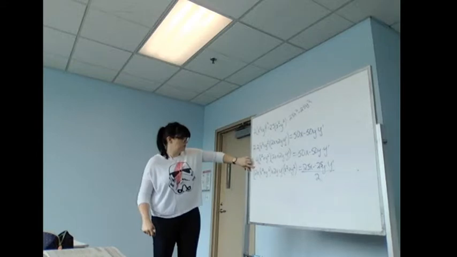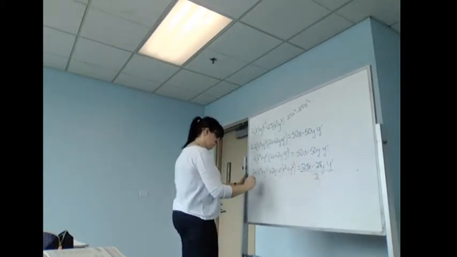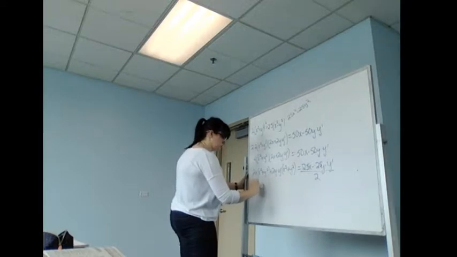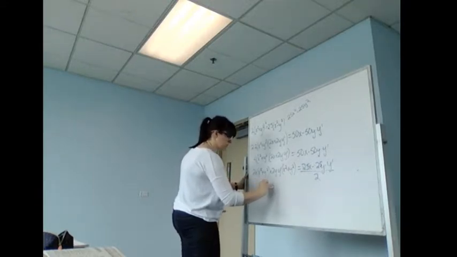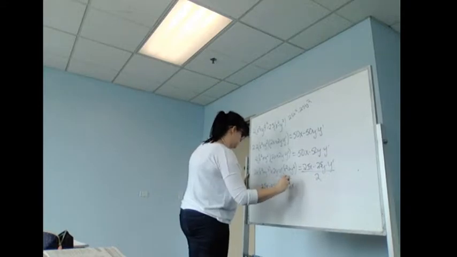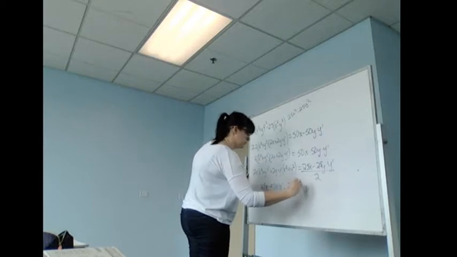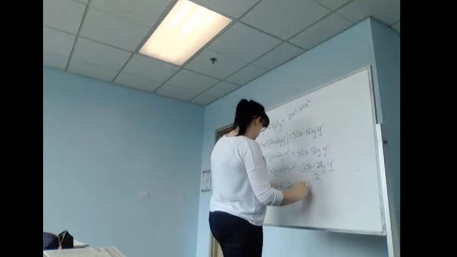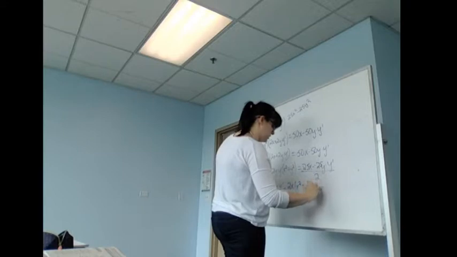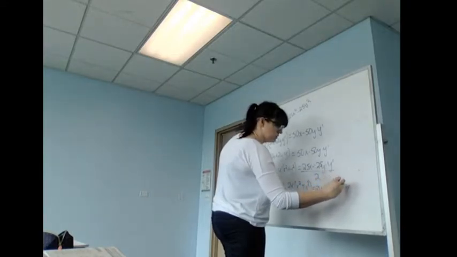And then this can go away. So subtracting this over here, 25x minus 25y times y prime over 2 minus 2x times x squared plus y squared equals 2y times y prime times x squared plus y squared.